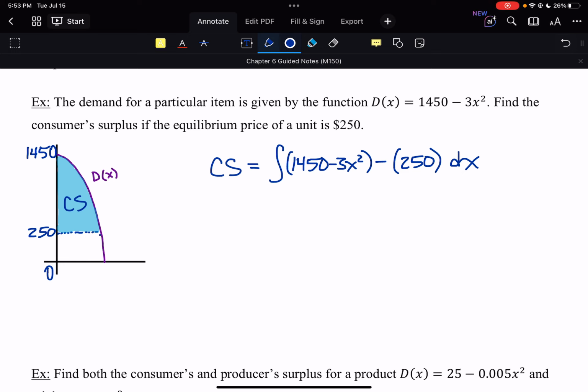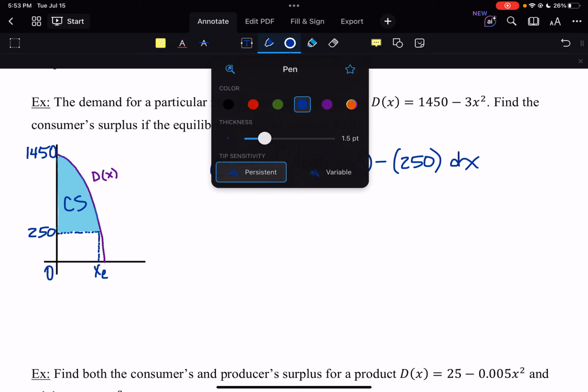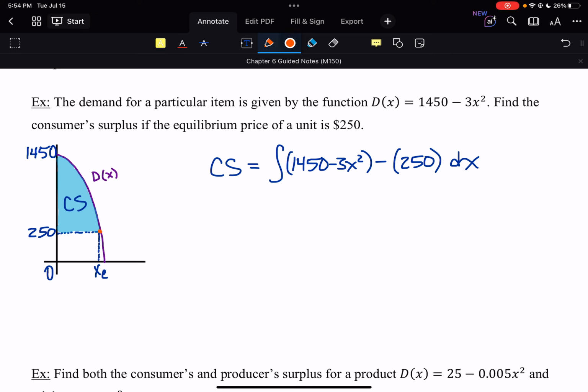It's actually going to stop here at the equilibrium quantity, that quantity demanded. So we're looking for x sub e. And we can find that by using this formula, because we want this point right here where our function equals 250.